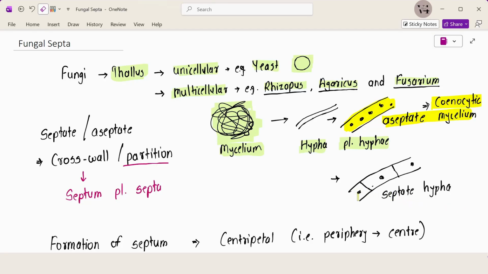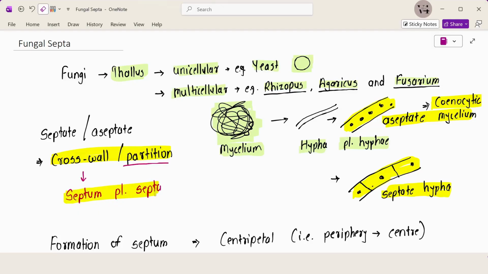These compartments are formed due to the development of cross walls or partitions at irregular intervals. These partitions divide each hypha into compartments or cells and are called septa, singular septum.